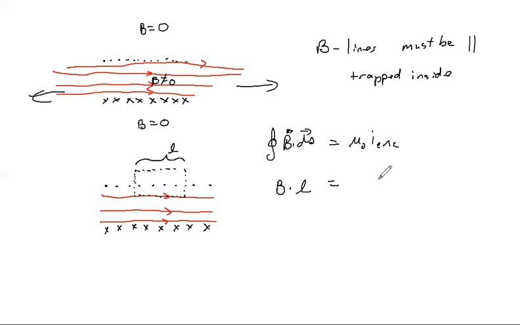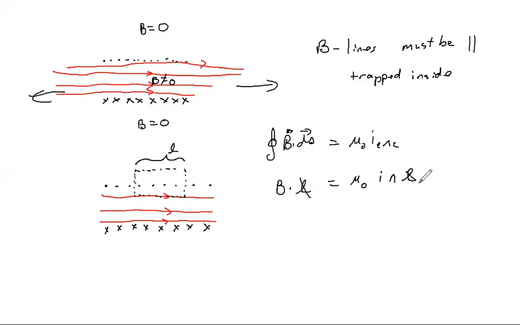And that must equal mu naught times the current enclosed. Well, because I know the turn density, I can say the current enclosed is the total current I times the turn density times l. This would be the turns per unit length times the length associated with this Amperian loop.